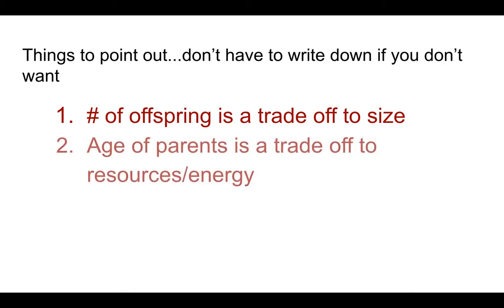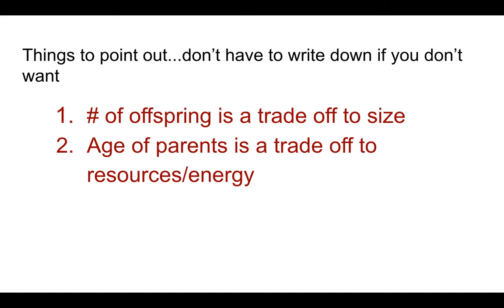The second thing is that the age of the parents, like when you actually have offspring, is a trade-off to resources and energy availability. If you reproduce really, really young, you probably have tons of energy to care for your offspring, but typically those that reproduce so young don't implement that kind of reproductive strategy.